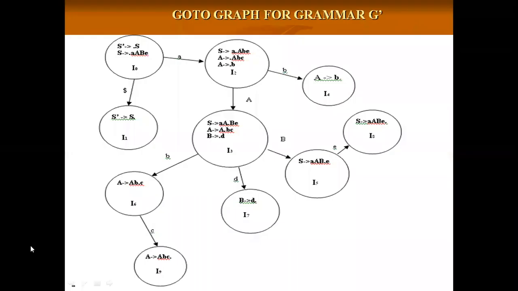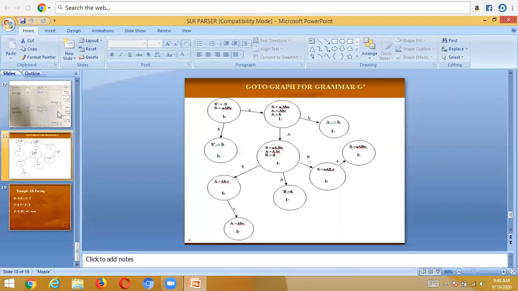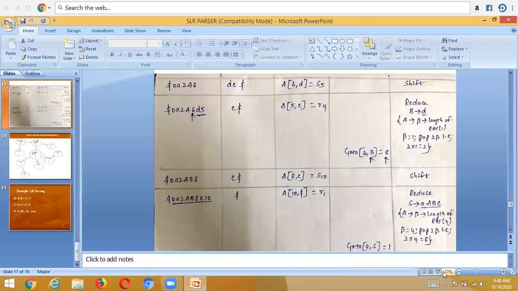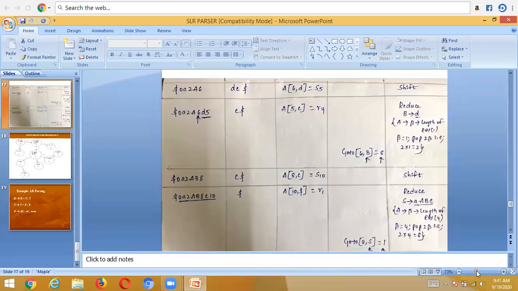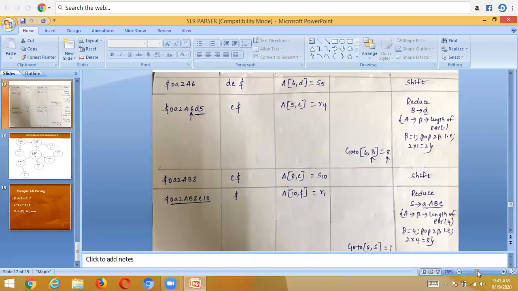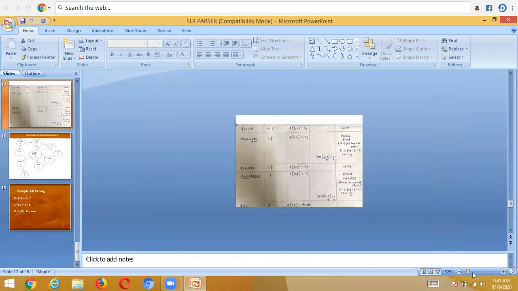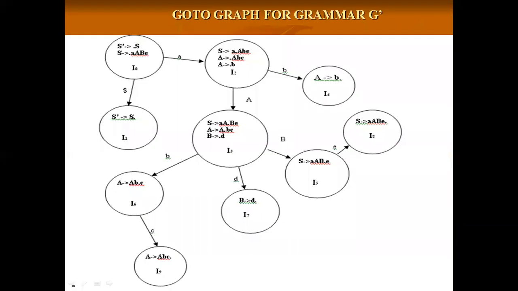Now action of 0 comma dollar. What is the 0 comma dollar? See from the parsing table, what the action of 0 comma dollar is.